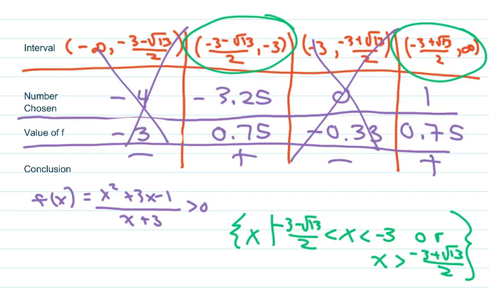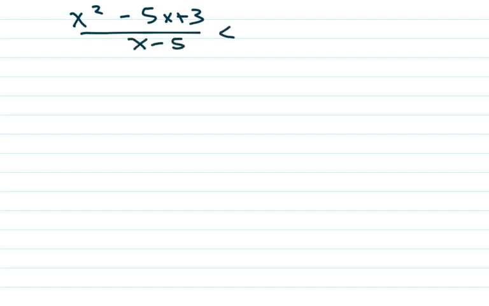Okay, the next one is similar. We have x squared minus 5x plus 3 over x minus 5, but this one we want to be negative. My vertical asymptote is at x equals 5. That's where f is undefined.